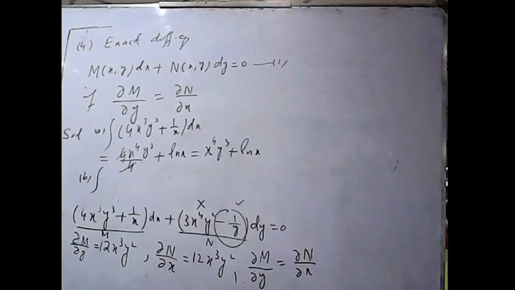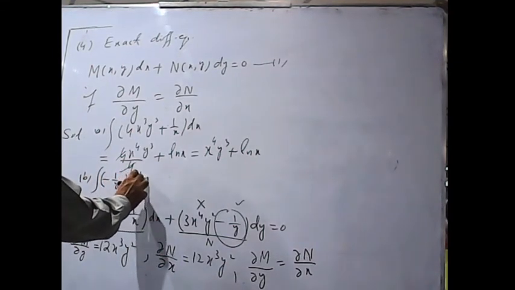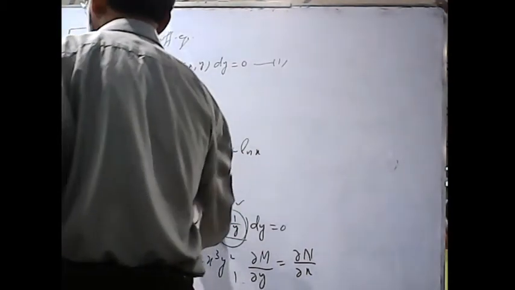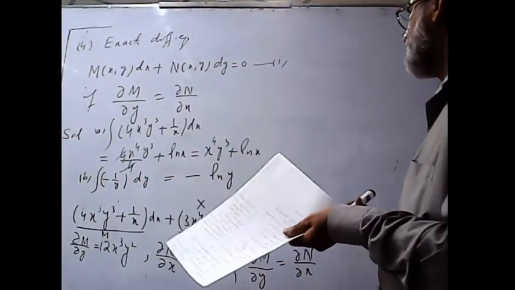Just part A, f(x,y) is equal to c. Now for part B, consider minus 1 upon y, dy. Integrate only the terms of y with respect to y. So no term of x is involved, x is constant. So just integrate, which gives minus ln y.